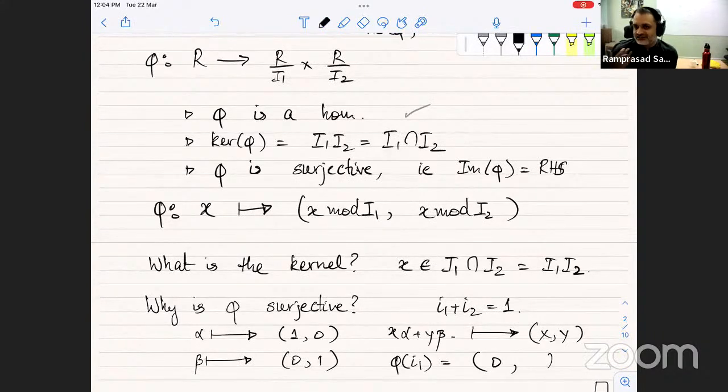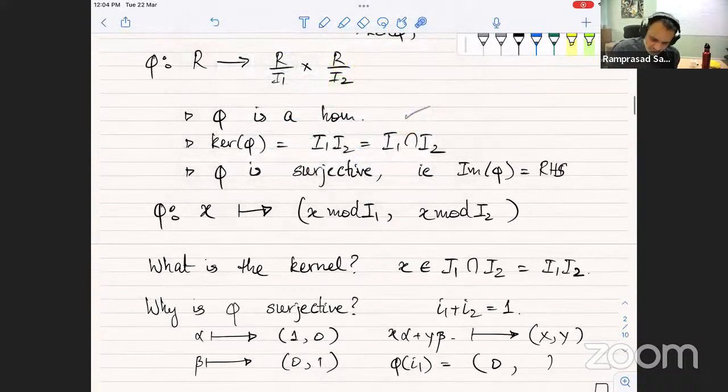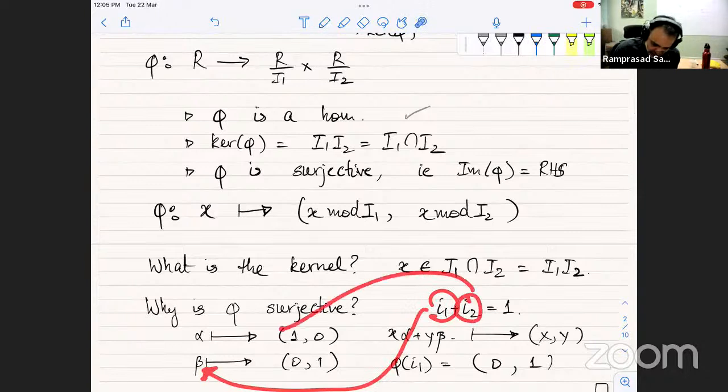What is i1 mod capital I2? If I take this equation and go mod capital I2, this just becomes 0, so I end up getting 1 here. So in fact, i1 is going to play the role of beta and i2 is going to play the role of alpha.